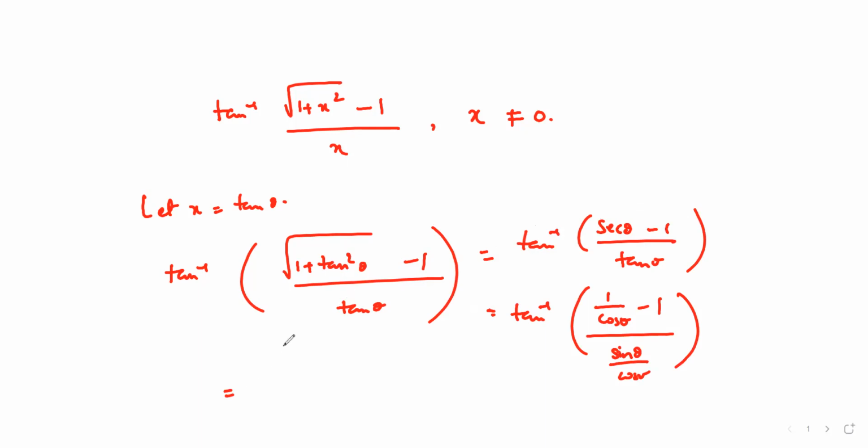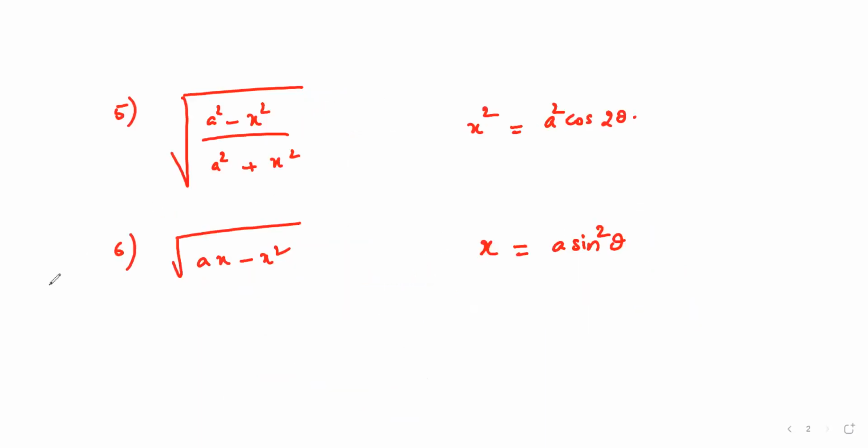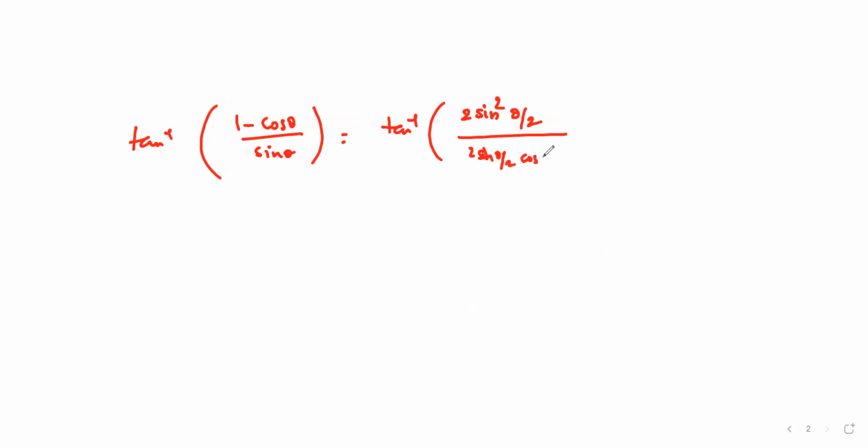So this will become, what will this become? Tan inverse of 1 minus cos theta by sin theta. So what will I get from there? Tan inverse of 1 minus cos theta by sin theta is equal to tan inverse of 2 sin square theta by 2 over 2 sin theta by 2 cos theta by 2.